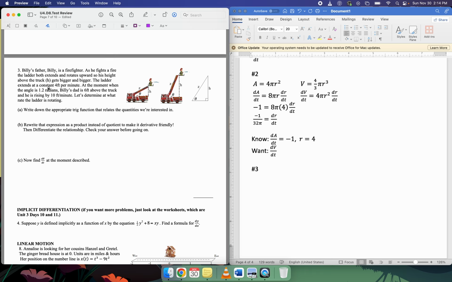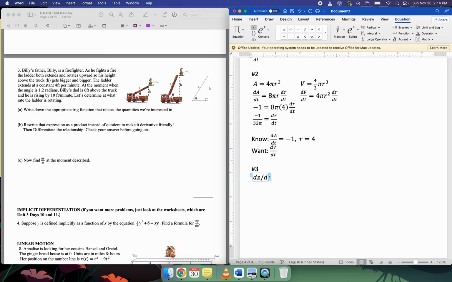So the ladder extends at a constant 4 feet per minute. Looks like they've given us some variable names already, so we should use those. The ladder is extending at a constant 4 feet per minute. I think that means that dz/dt is 4.